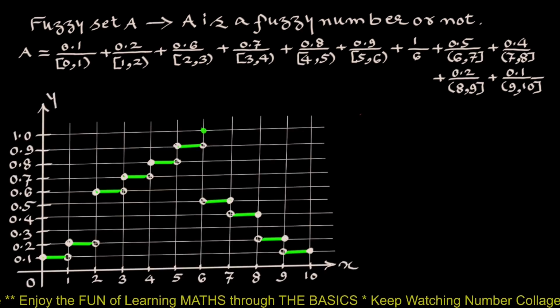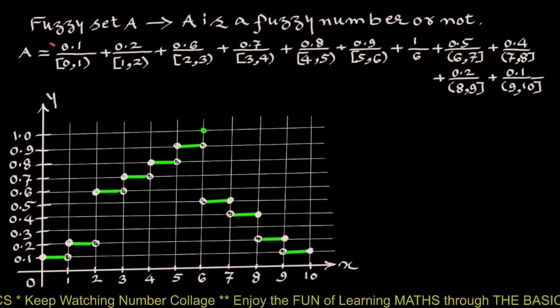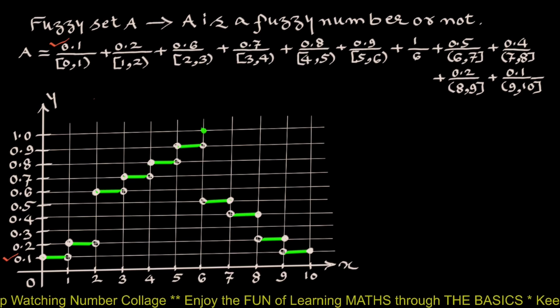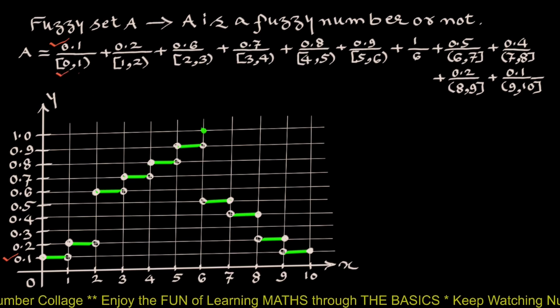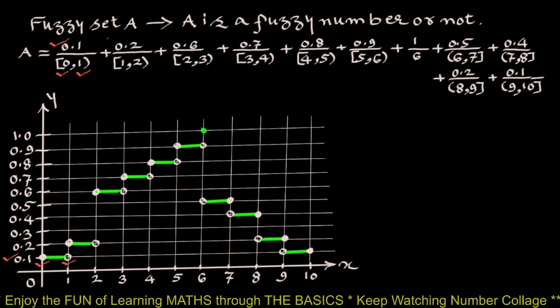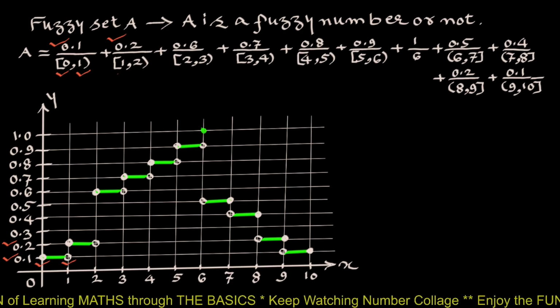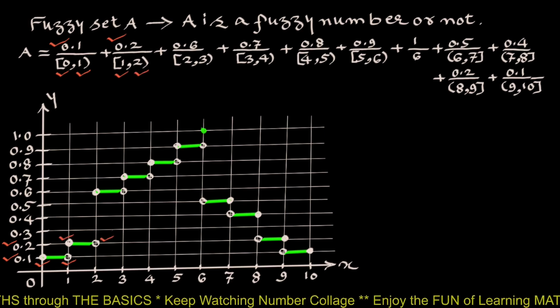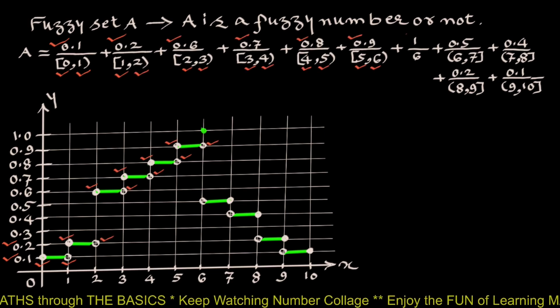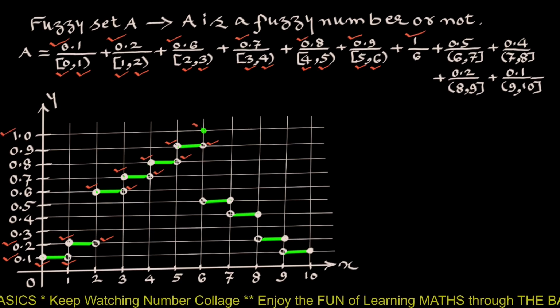Let us understand how we have drawn this graph. For grade of membership 0.1, here domain is closed 0 open 1. For grade of membership 0.2, here its domain is closed 1 open 2, etc. For grade of membership 1, here value of x is 6.